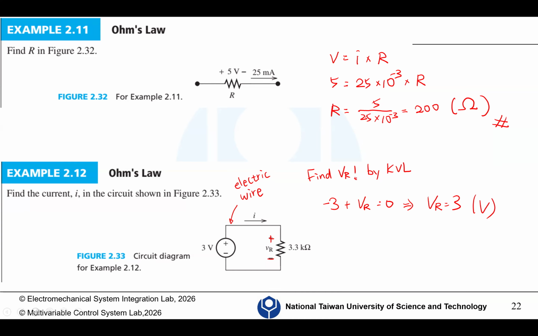After we know VR and want to find I, we can apply Ohm's law. So I equals VR divided by 3.3K, which is 3 divided by 3.3K, which is 0.91 milliampere.